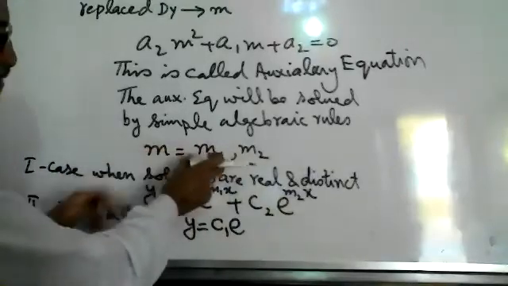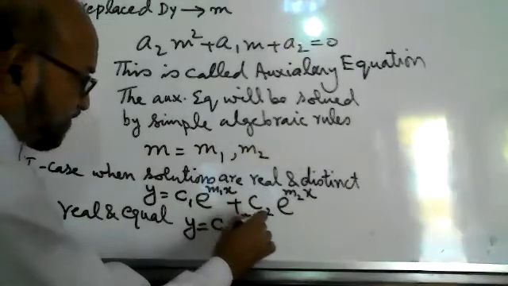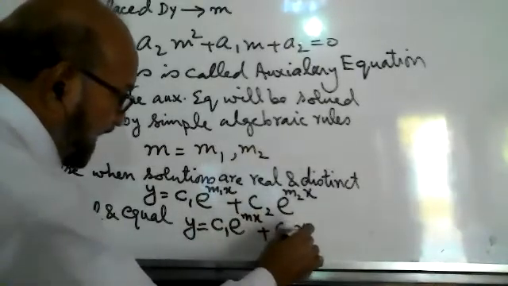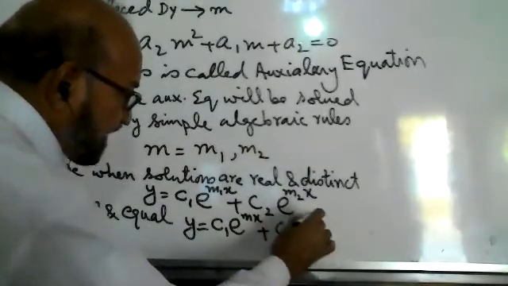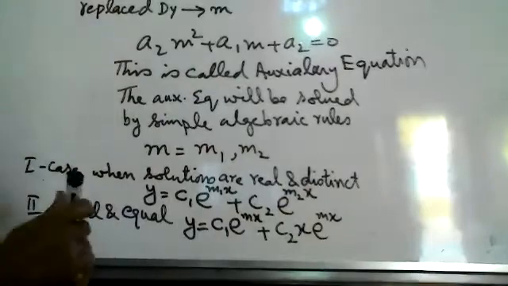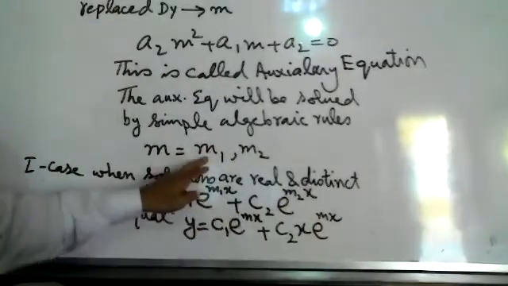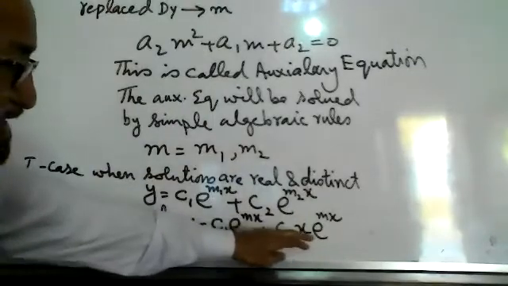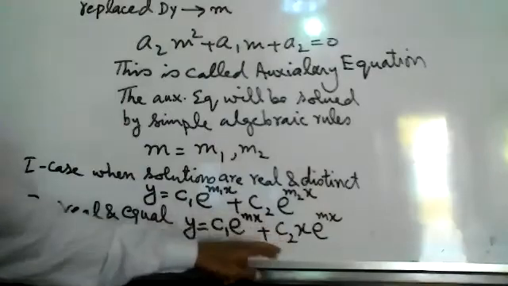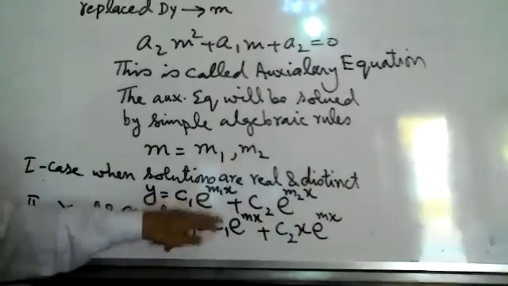So y is equal to C1 e raised to power mx plus C2 x e raised to power mx. We write the two terms, but one without x and one with x: C1 e raised to power mx plus C2 x e raised to power mx.